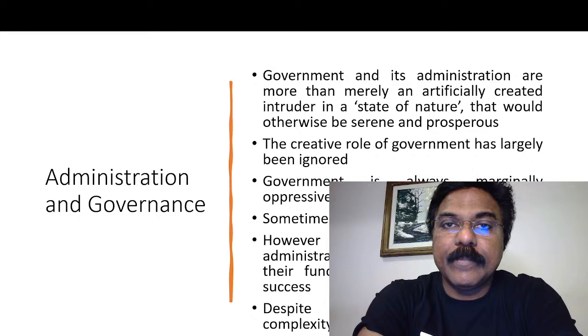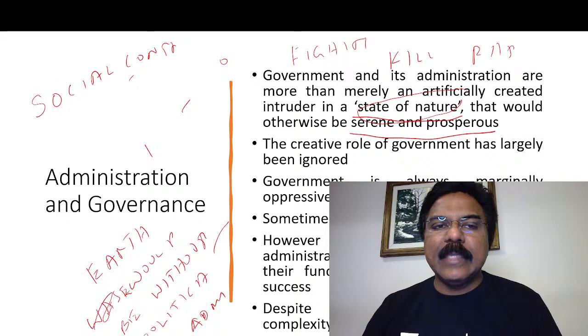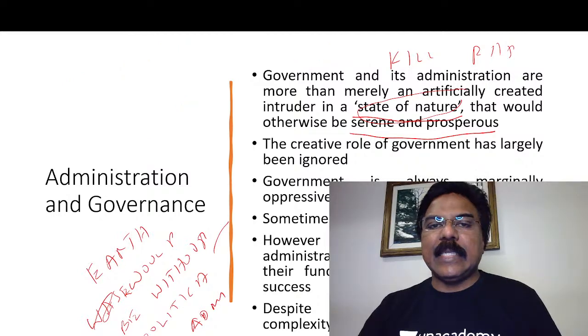So what we have to understand here is that this administration is not an intruder into this serene state of nature, but rather it's a necessity. It has a creative role. Government has a creative role, right? While government is always marginally oppressive, sometimes massively so, still there are so many achievements.